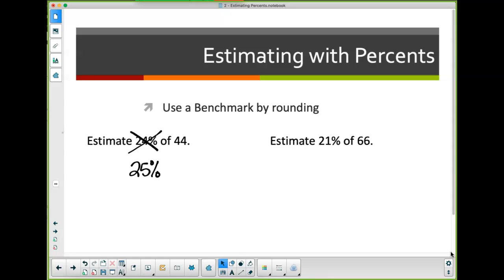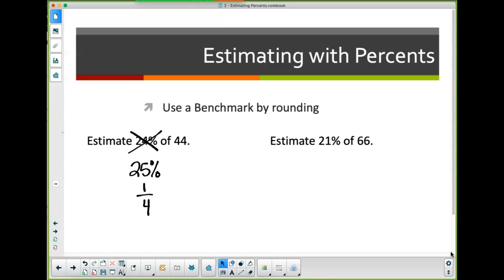And 25% really is 1/4. Everybody agree with that? Is it easy to find 1/4 of 44? Is that easy to do in your head? How do we find 1/4 of something? Divide by 4. Right? To find 1/4, we divide by 4.